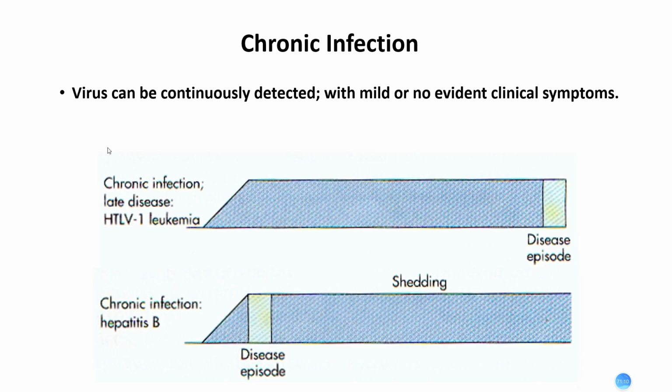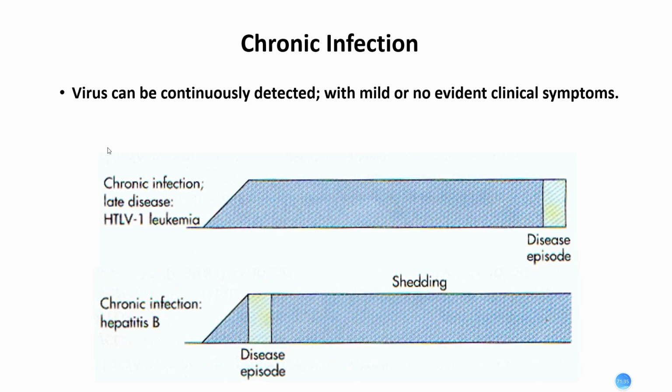Okay, here is an example of chronic infection. The hepatitis B virus infection. Time zero here says exposure. Not long after exposure, there is a disease episode. The patient might suffer from inflammation in the liver, but this lasts only for a short period.